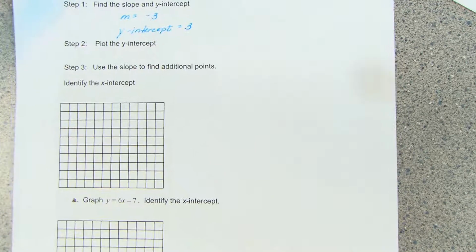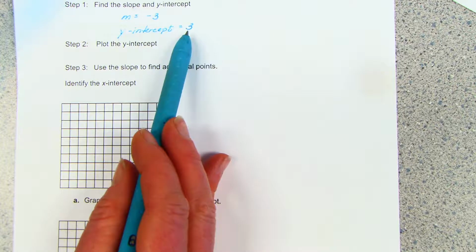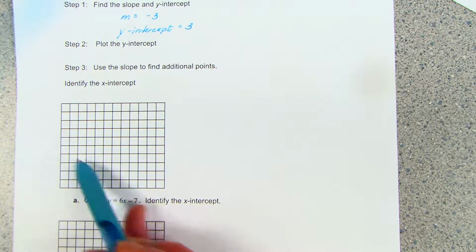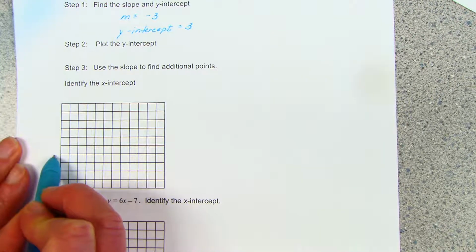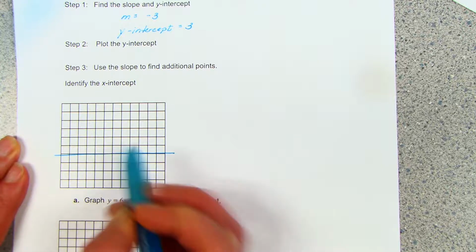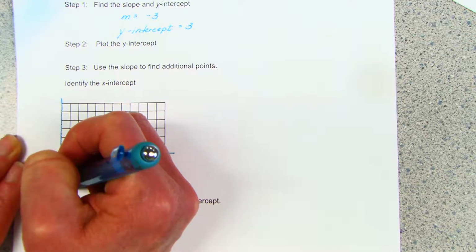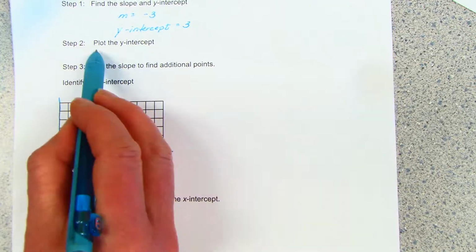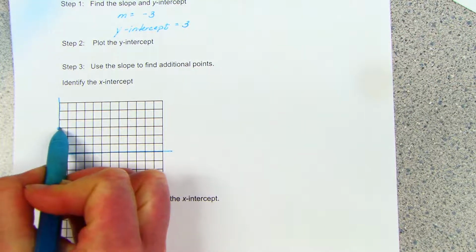Okay, and then I can see that my slope is negative and the intercept is at 3. So I want to give myself some room to graph. So the first thing you do is to plot the y-intercept, 1, 2, 3.